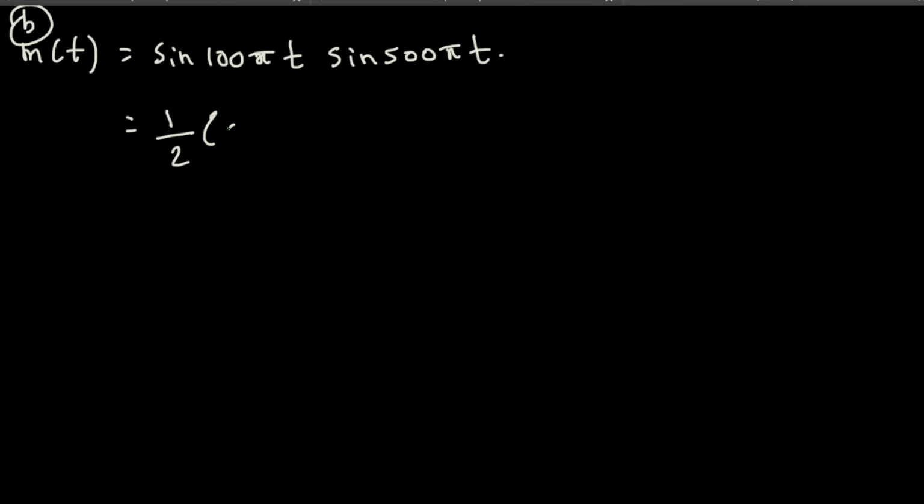So this is going to be half times cos A plus B, but A minus B comes first, so this is cos A minus B, that is 500 pi t minus 100 pi t. So we are just subtracting omega t values.